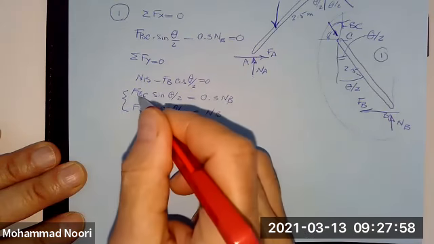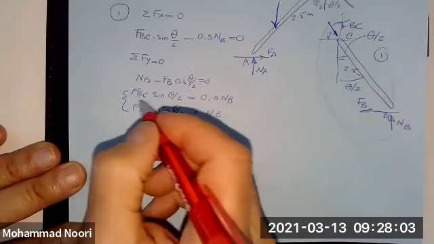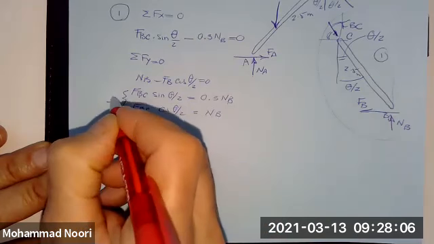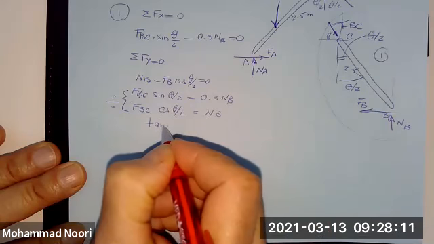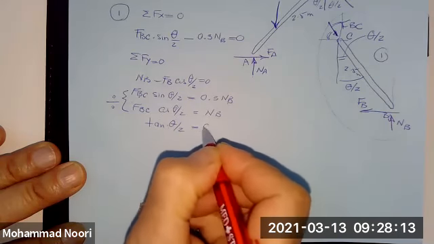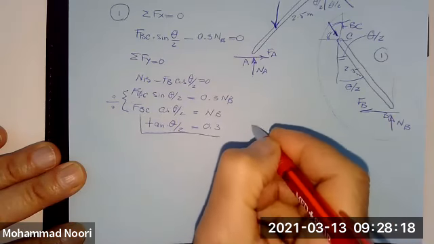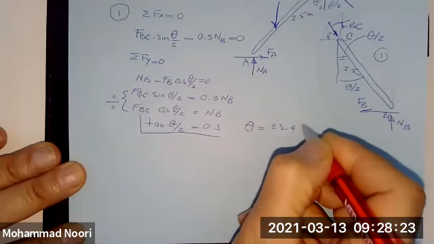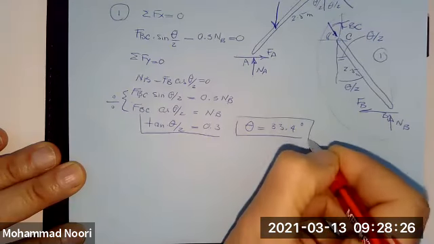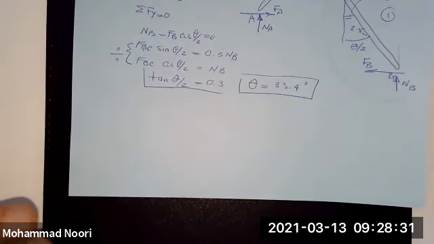NB, theta, and FBC. So if I divide these two equations, the left-hand side gives me tangent of theta over 2 equal to 0.3. So theta would be 33.4. So we found that theta, based on the assumption of this staying in equilibrium.